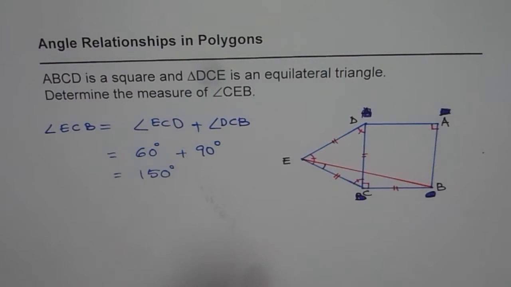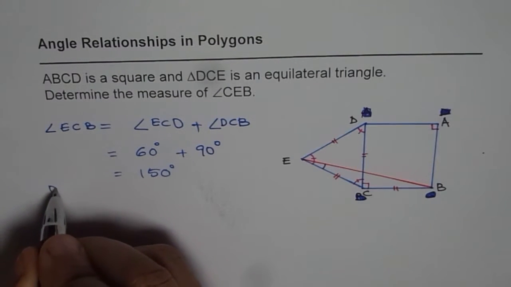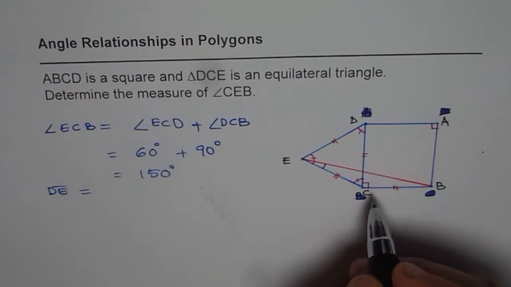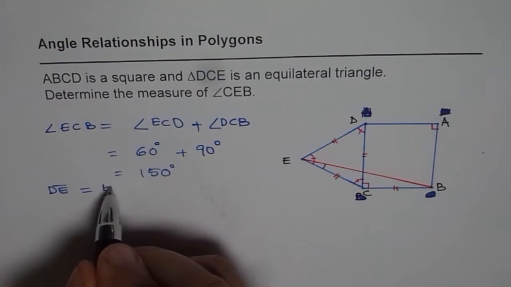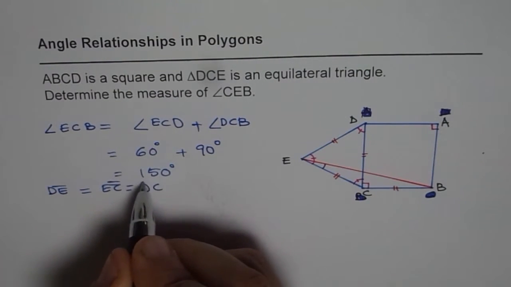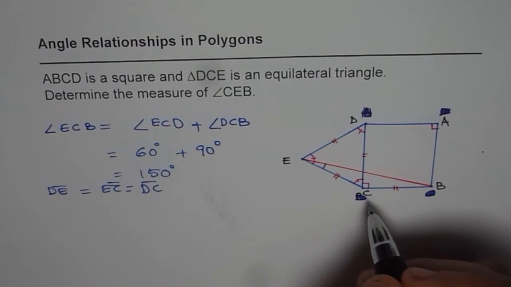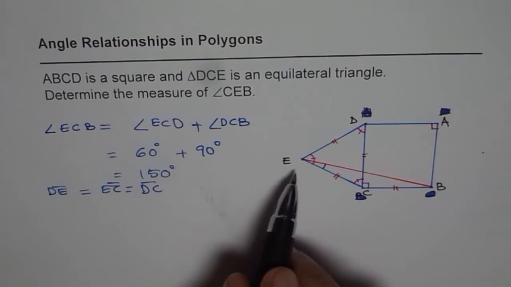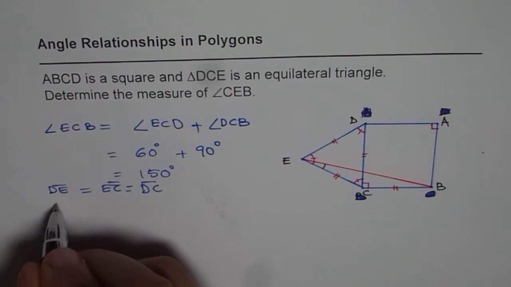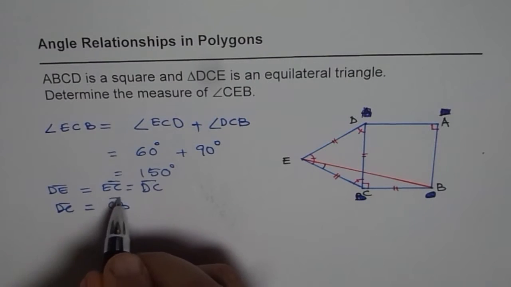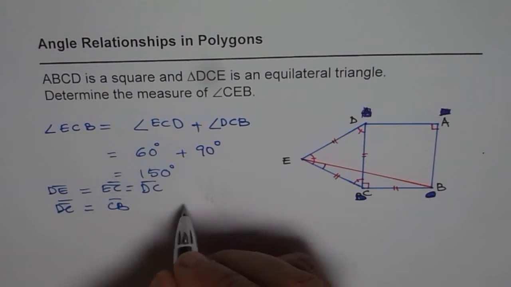So the side DE is equal to side EC, which is also equal to DC since it's an equilateral triangle, and we also know that DC is equal to CB since these are the sides of a square.